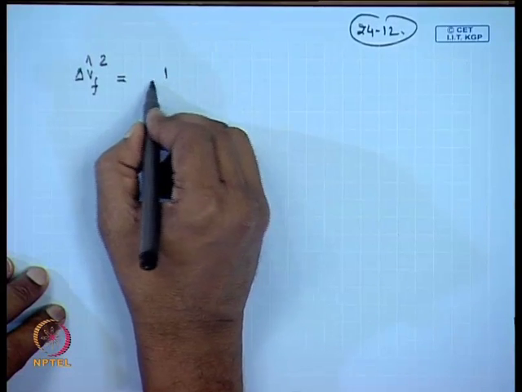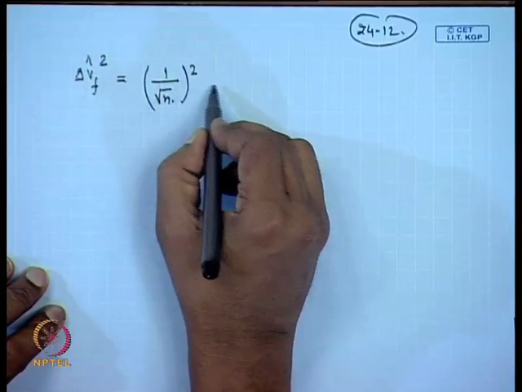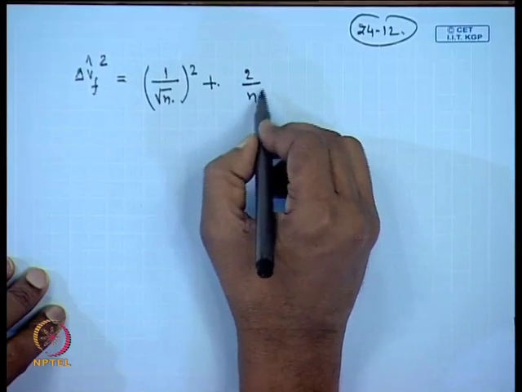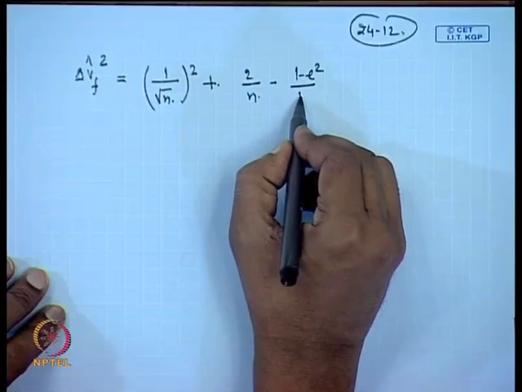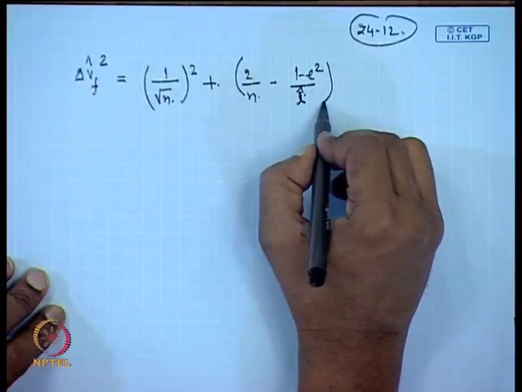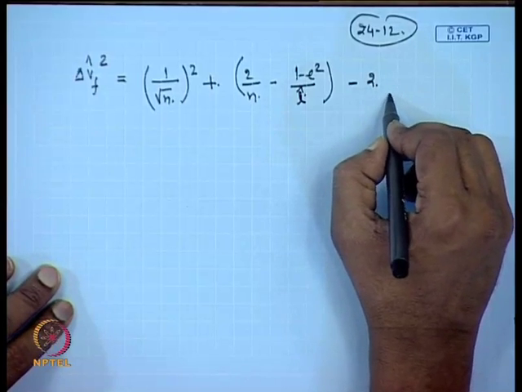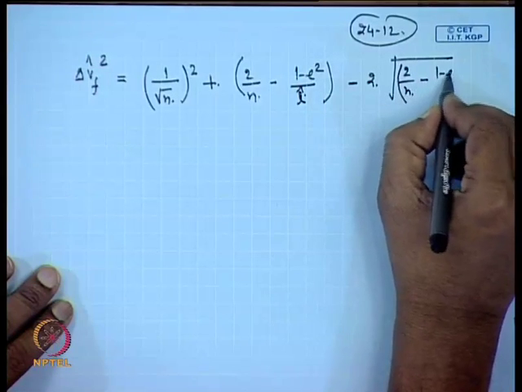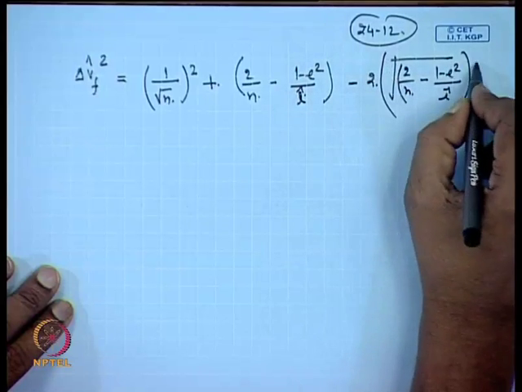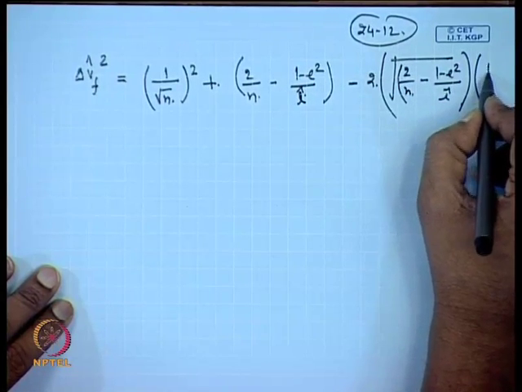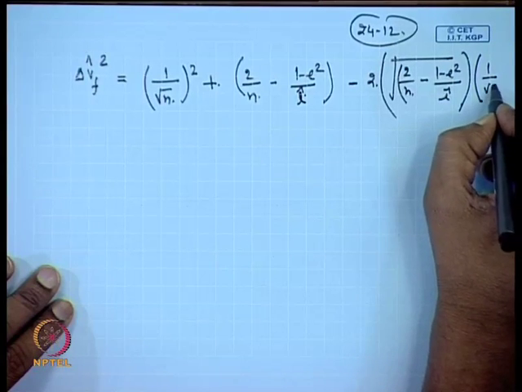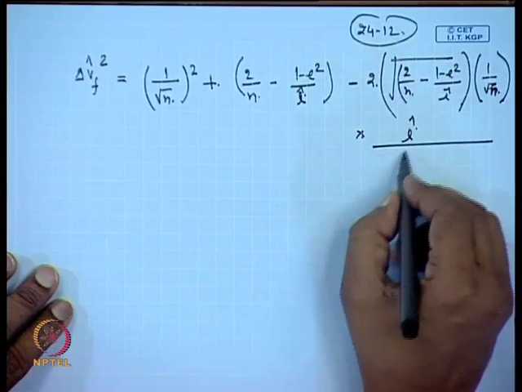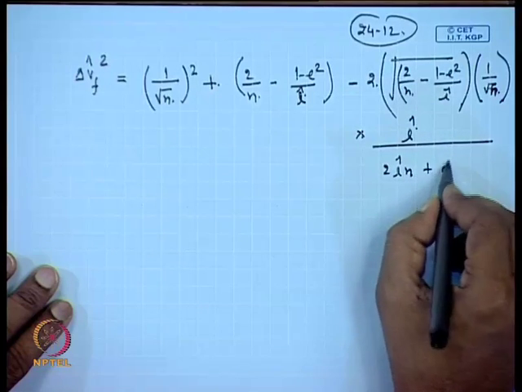So, Vfc by Vic is nothing but 1 by n under root, and Vfe by Vic, this is nothing but 2 divided by n minus by L cap, and then minus 2 times, this is one quantity, another quantity we have 1 by n under root, and times cos alpha I, which is nothing but L cap divided by 2 L cap n plus C square minus 1.